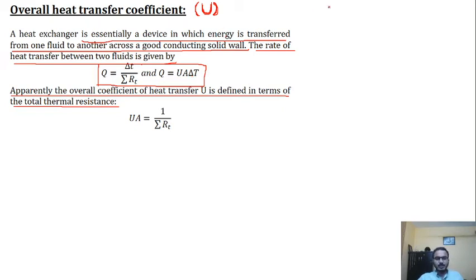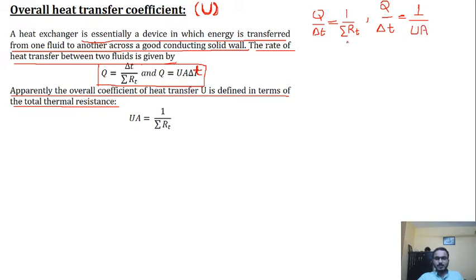Because if we see from the first equation, Q upon delta T is equal to 1 upon sigma RT, and Q upon delta T in the second equation, you can consider this to be a small t, so it will be convenient, is equal to 1 upon UA.